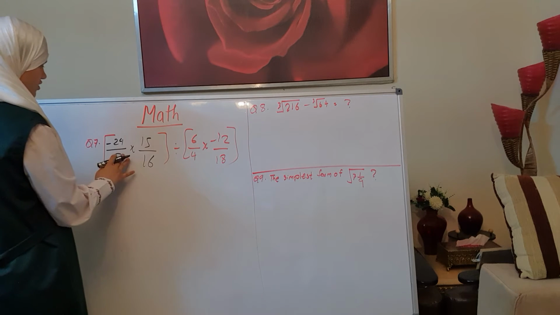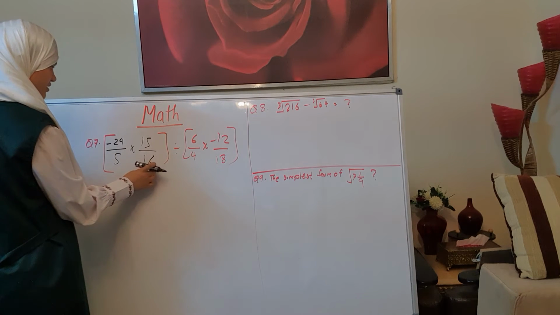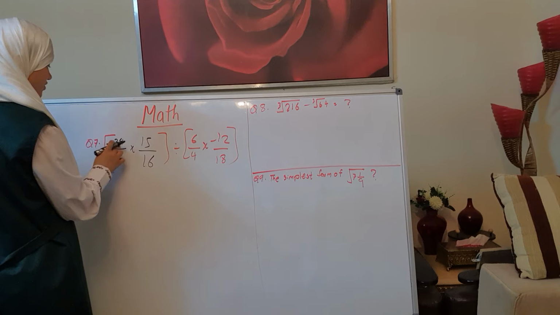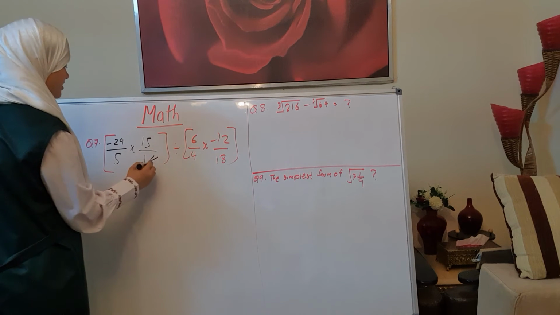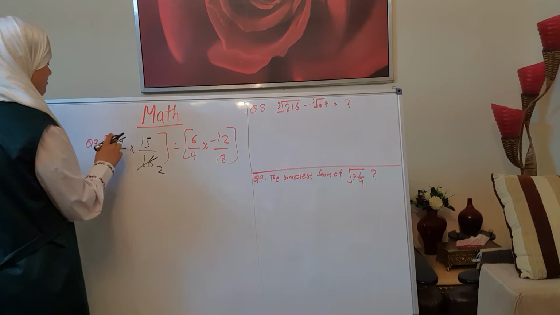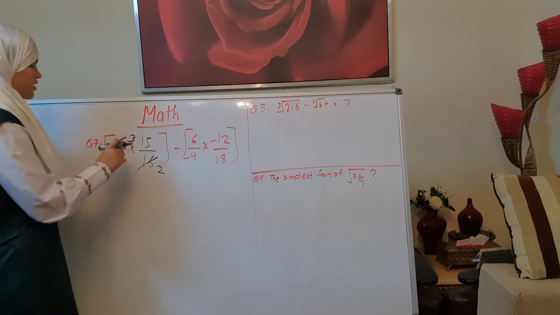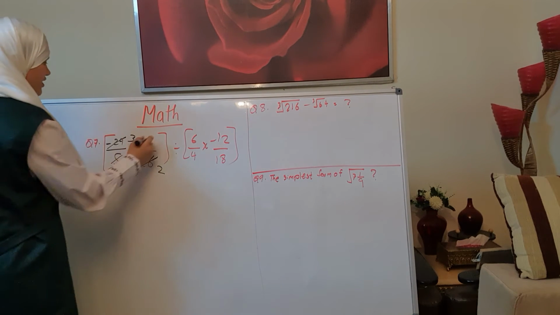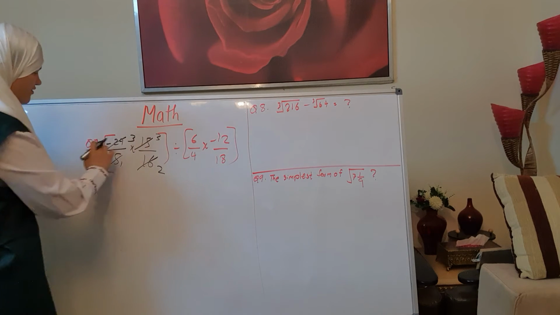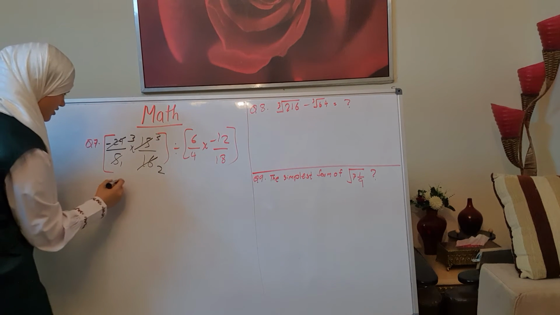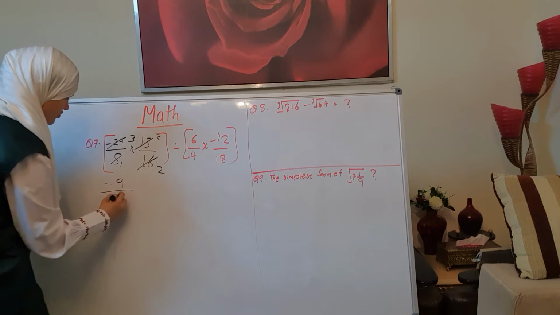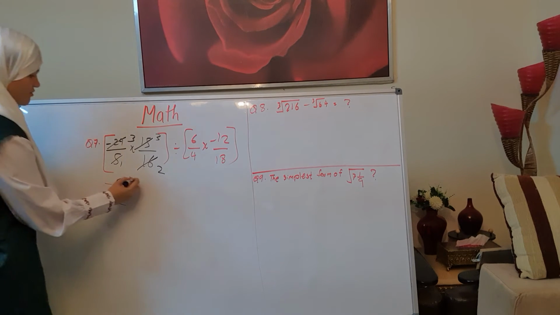Now we have 16 divided by 8 and 24 also by 8, so that means 2 and 3, because 3 times 8 is equal to 24. Now 5 by 5 gives 1 and 15 by 5 gives 3. Now what we have is negative 9 over 2. This is the first bracket.